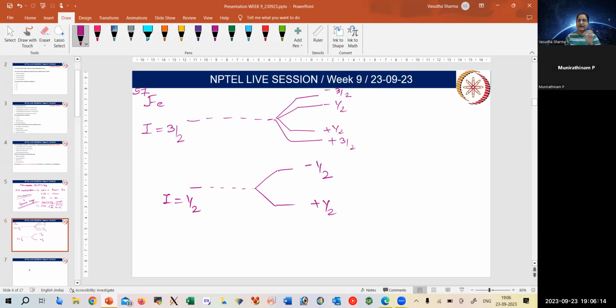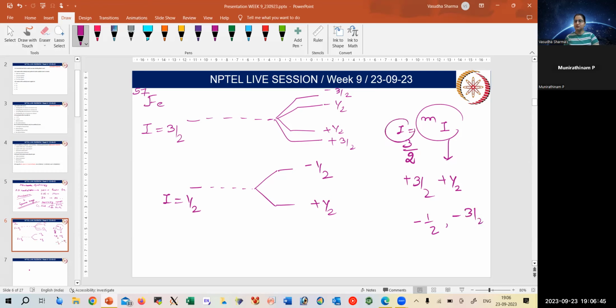Depending upon the I state, we have MI values going from the maximum down in steps of 1. For 3/2, the MI values would be +3/2, +1/2, then -1/2 and -3/2. So for I equals 3/2, we have 4 possible MI values. Similarly, for I equals 1/2, we have +1/2 and -1/2, two states.